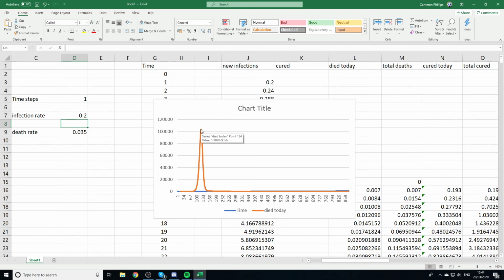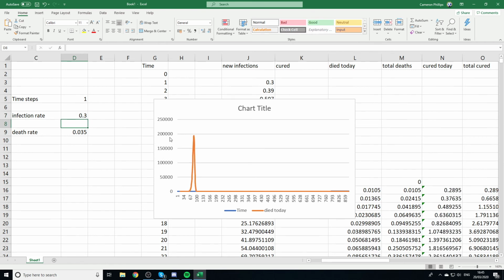A lot more people will die. 0.3, where it started off, 200,000 deaths.